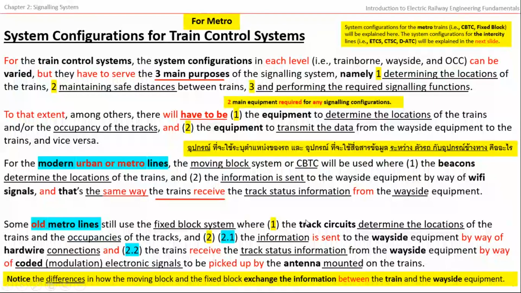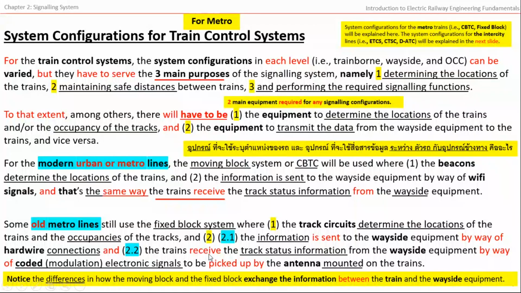But for the old metro lines, they still use fixed block system, and they use track circuits to determine the locations of the trains and the occupancy of the tracks. And for data transmission, to send the data from the track circuit to the wayside equipment, they use hardwire connections, meaning cable connections.